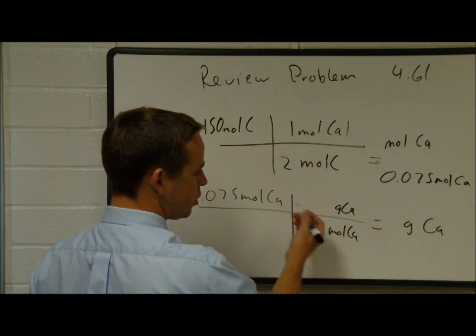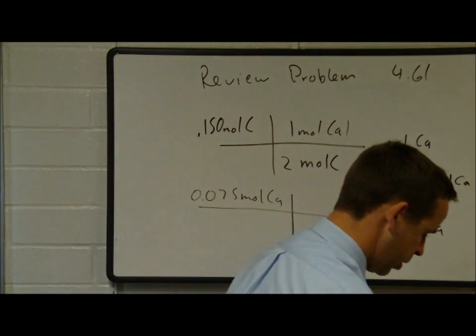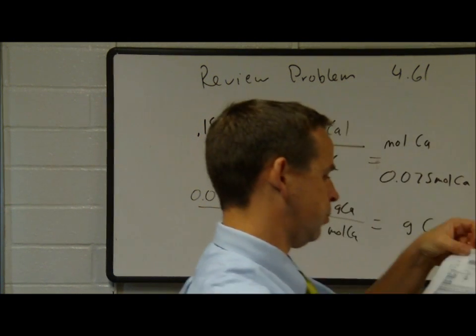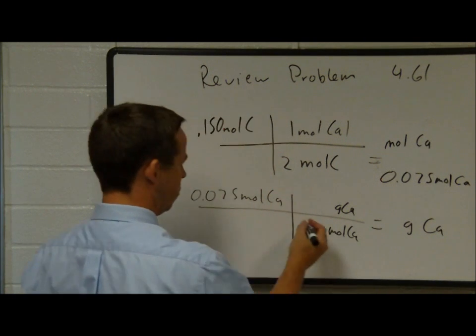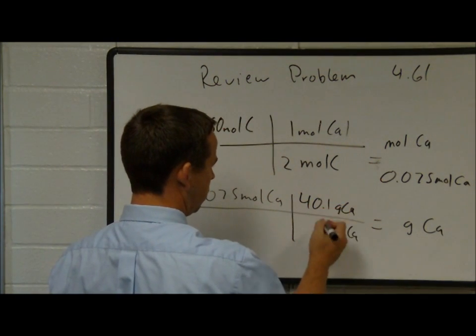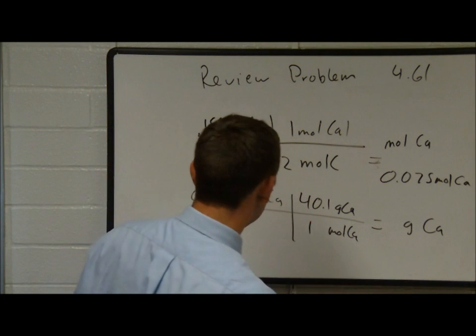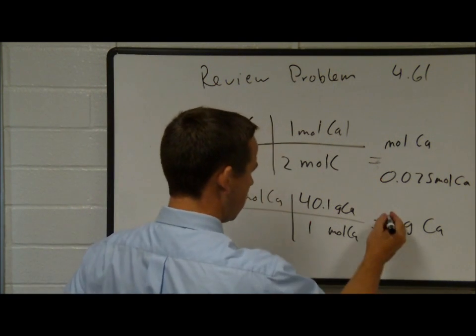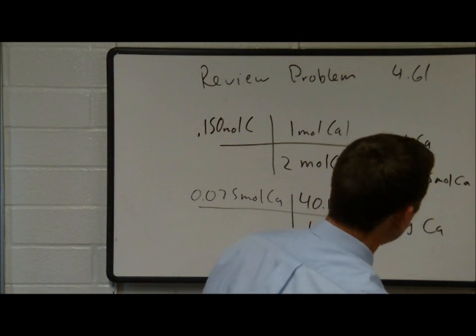How many grams are in 1 mole of calcium? Use the periodic table. I have my favorite one right here. Calcium, 40.1 grams per every mole. So 0.075 times 40, and that will be 3 grams of calcium. All right, so that's 461.